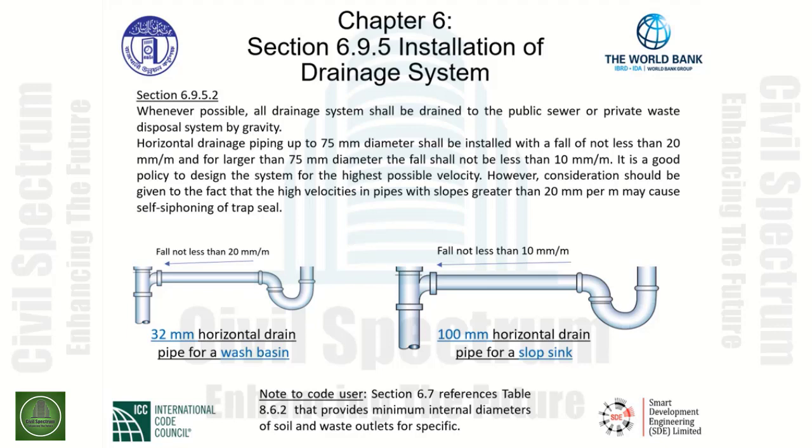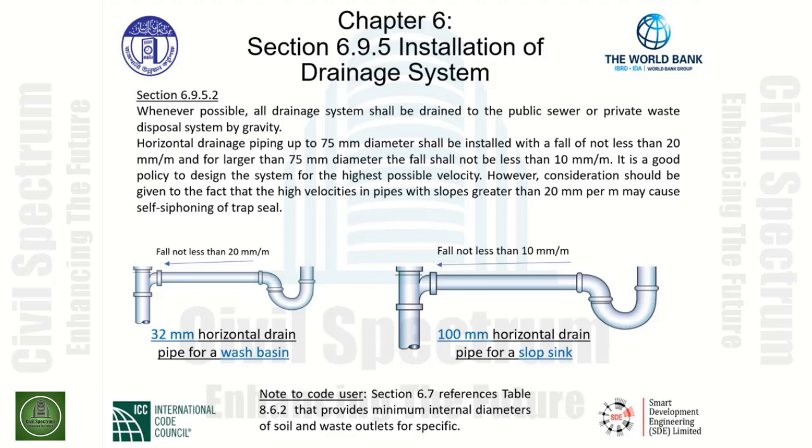Horizontal drainage piping up to 75 millimeters in diameter shall be installed with a fall of not less than 20 millimeters per meter, and for larger than 75 millimeter diameter, the fall shall not be less than 10 millimeters per meter. It is a good policy to design the system for the highest possible velocity.